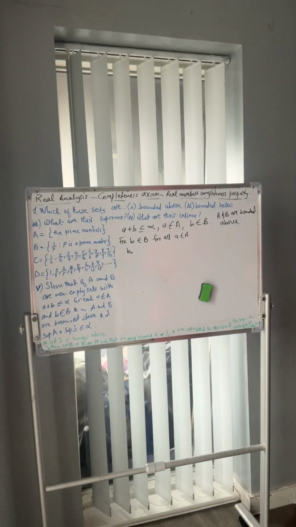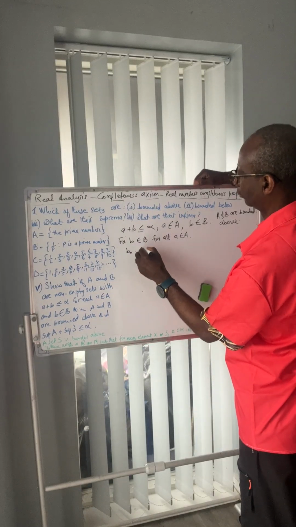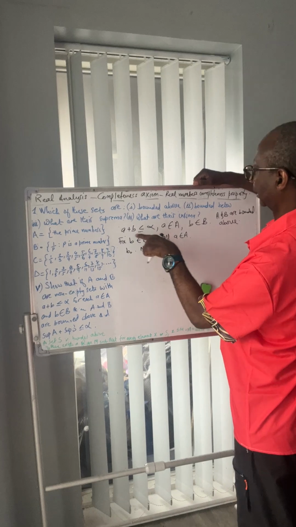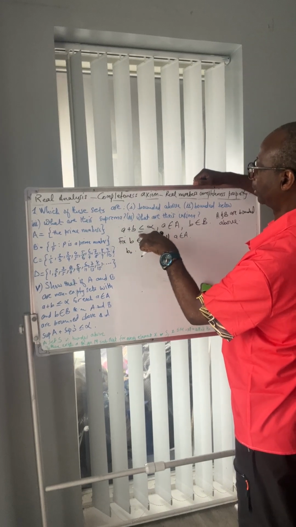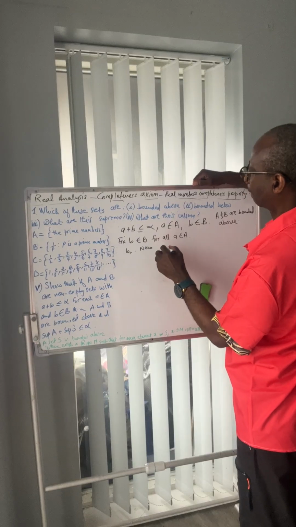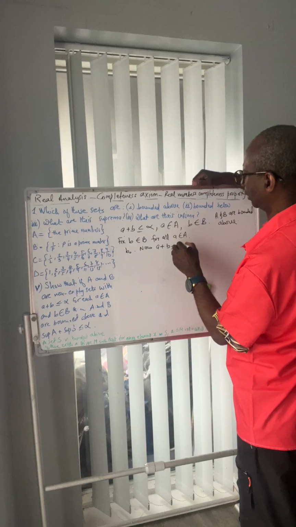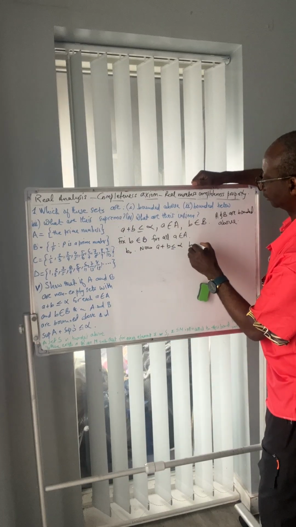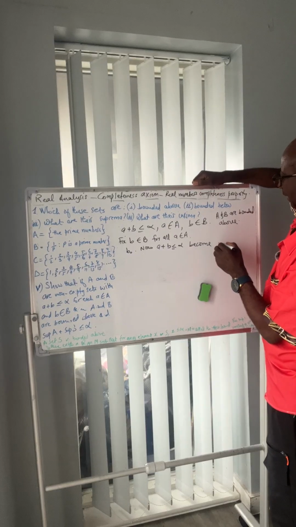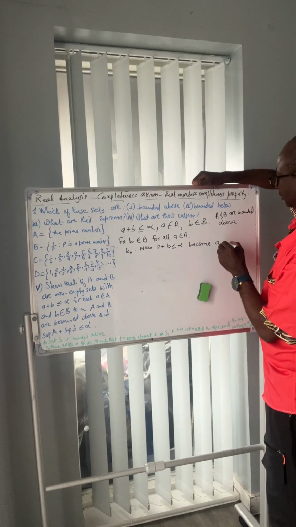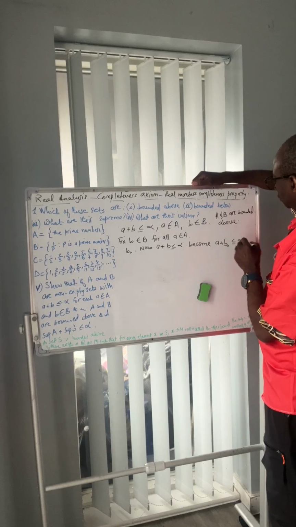So now this definition, a plus b less than or equal to alpha, becomes a plus b sub 0 less than or equal to alpha.